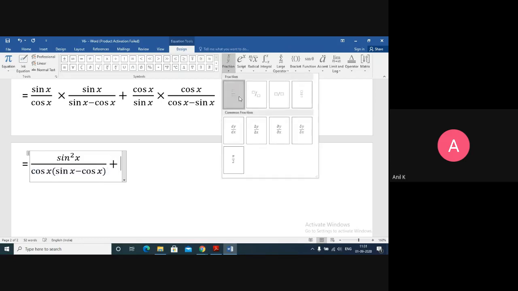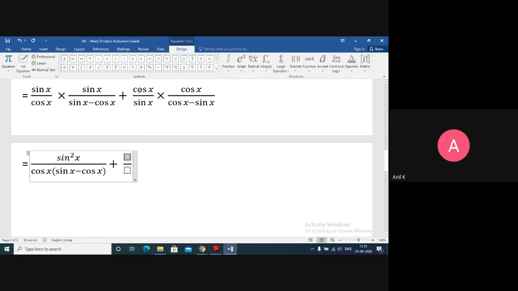Plus, next term also I'll go for the multiplication. Here cos x in the numerator, this is also cos x, so here I'll get cos square x. And here I'll get sin x multiplied by cos x minus sin x.